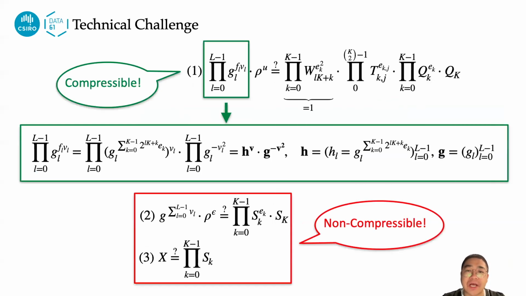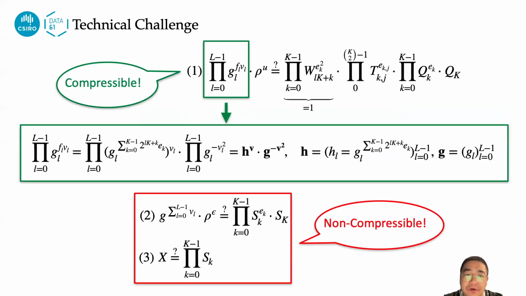The major technical challenge for integration is that only the first equation is compressible. The second and third equations are not compressible. Although there's a witness vector VL in the second equation, there is only one generator G. To make compression possible, there must be a set of distinct generators for all VL values.